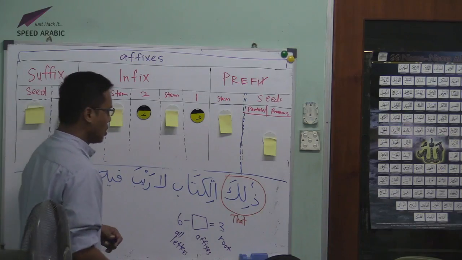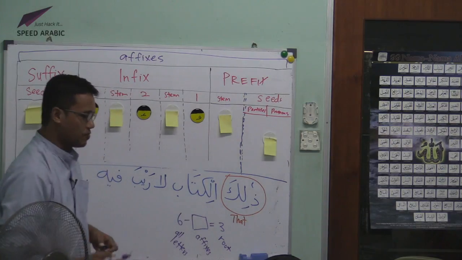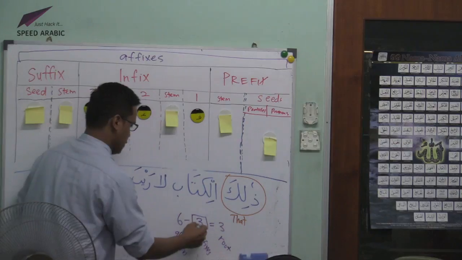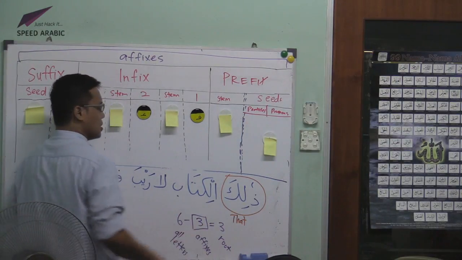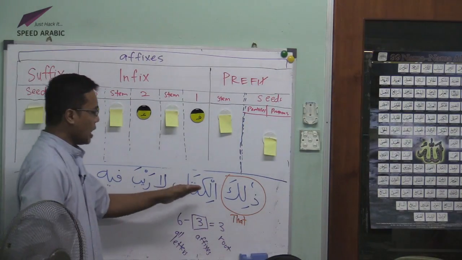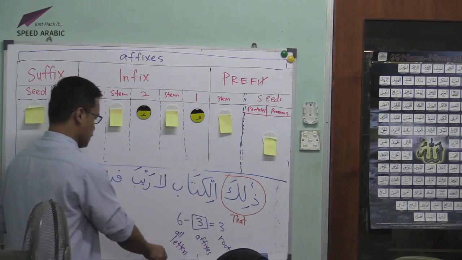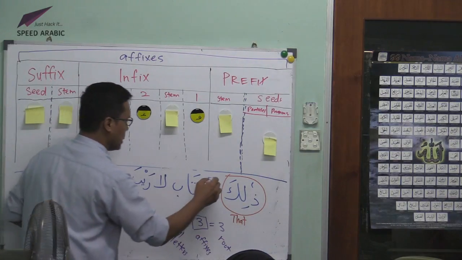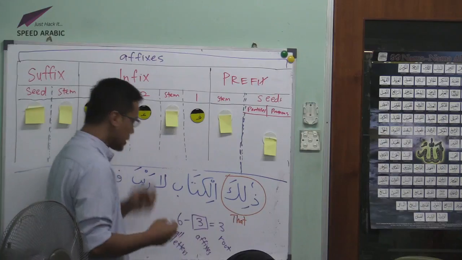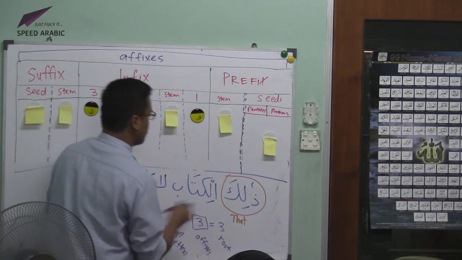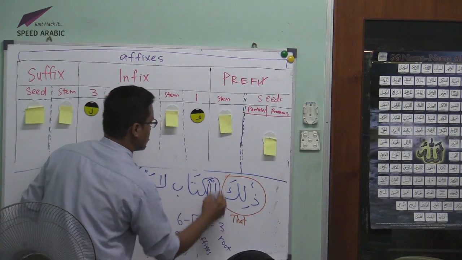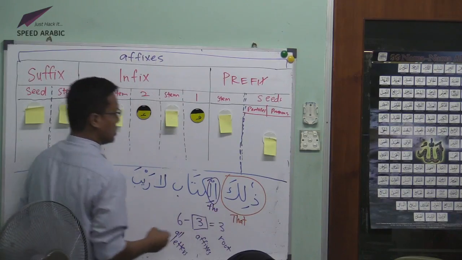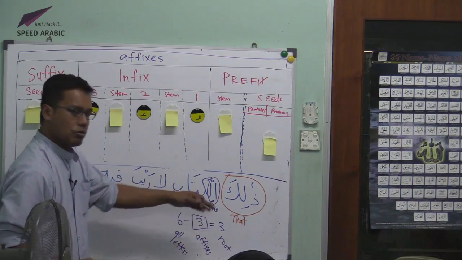So how many affixes do we need to find here? 3. What are the familiar affixes here? Al. Al is what color? Purple, right? So al means the. 2 down, 1 to go.